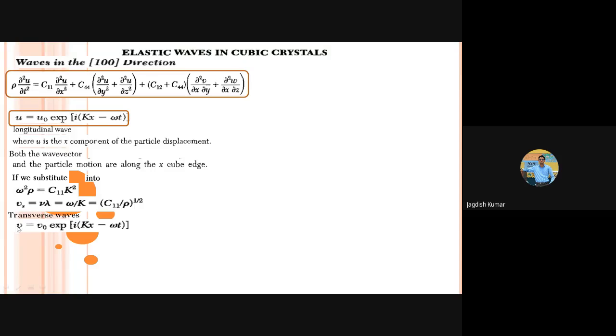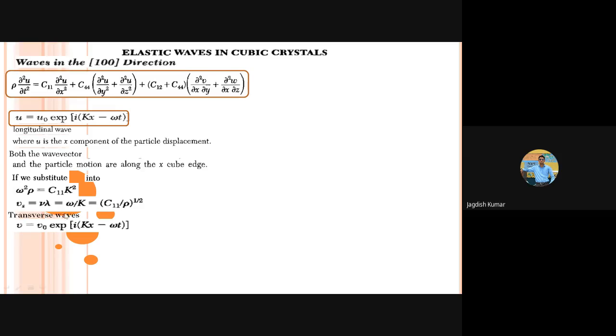So transverse waves means the waves for which the oscillation of the volume element, say a small volume element delta x, delta y, delta z, is perpendicular to the 100 direction or x direction. So that is what? v, because u is the displacement along x direction. So v is the displacement along y direction, right?